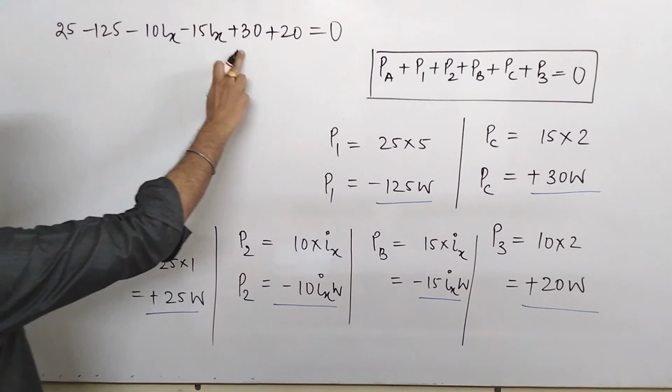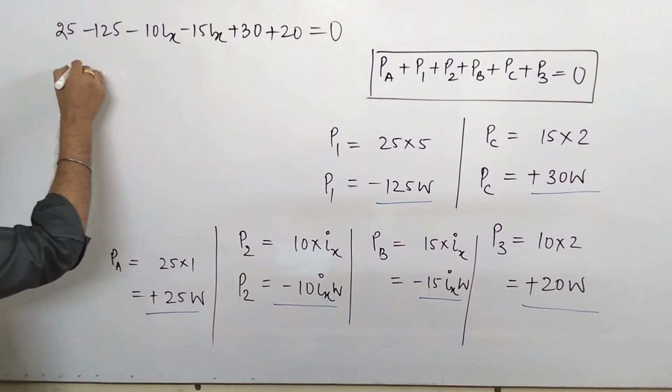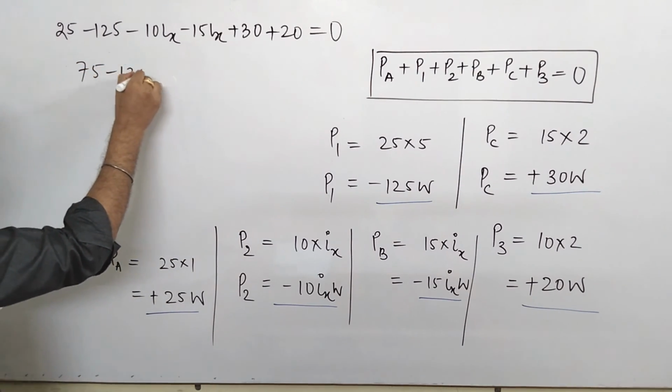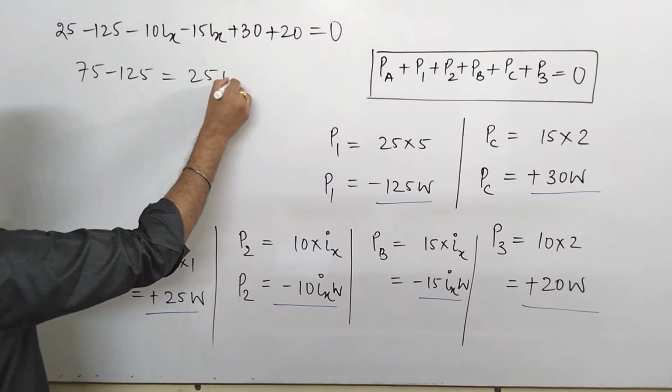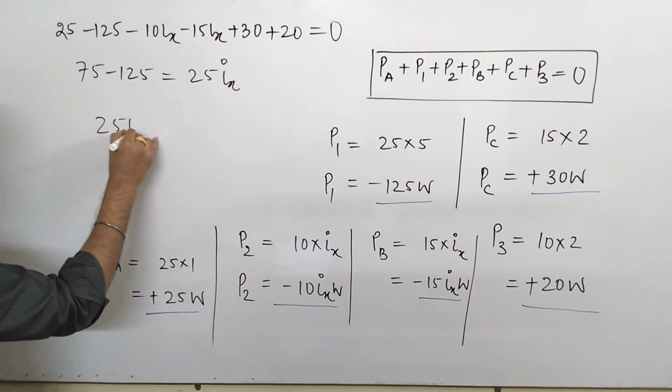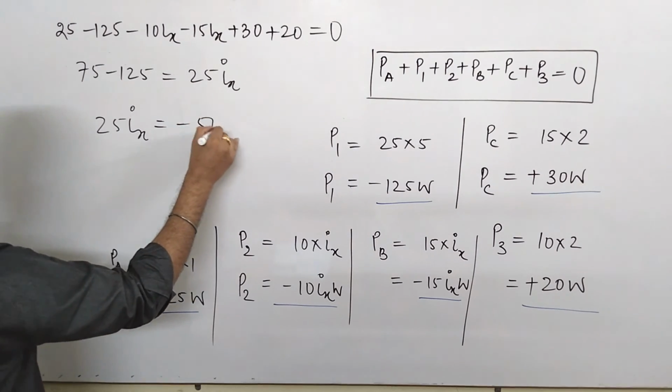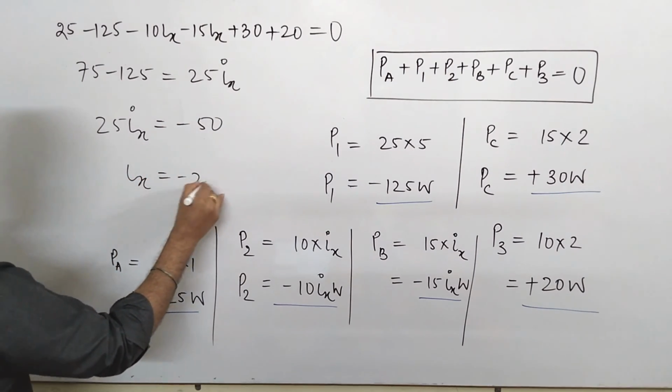So how much it is? 25 minus 125, that is 25 Ix. So 25 Ix comes to be minus 50. So Ix comes to be minus 2 ampere.